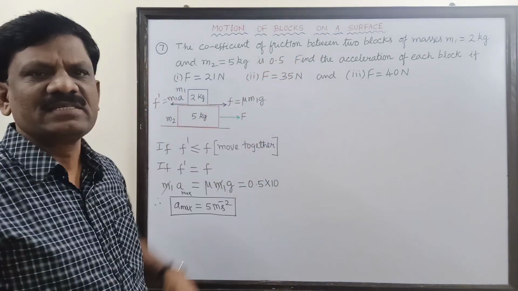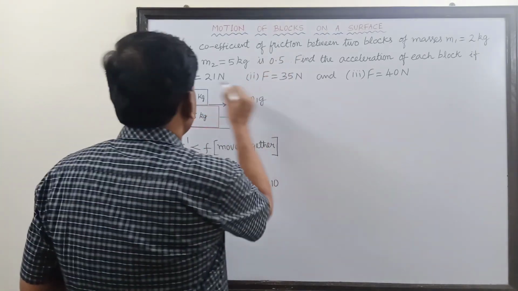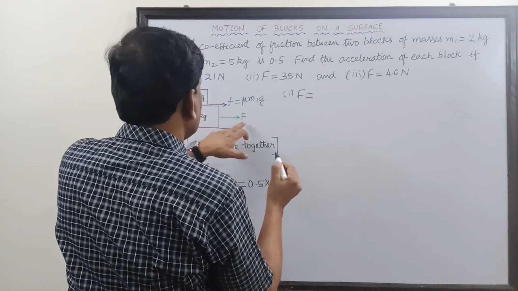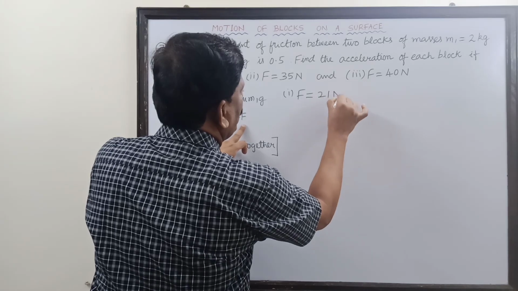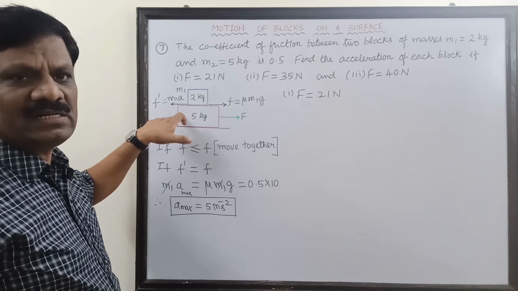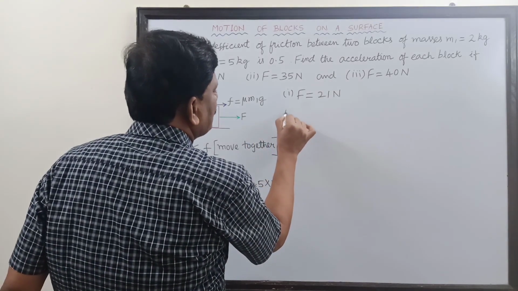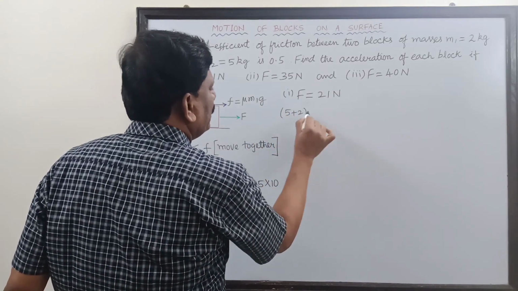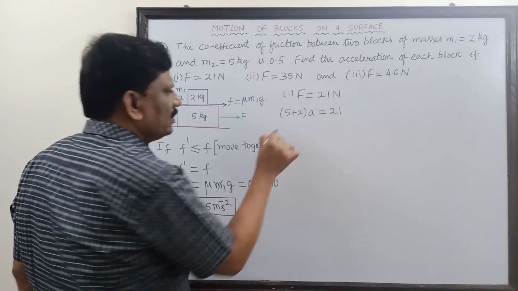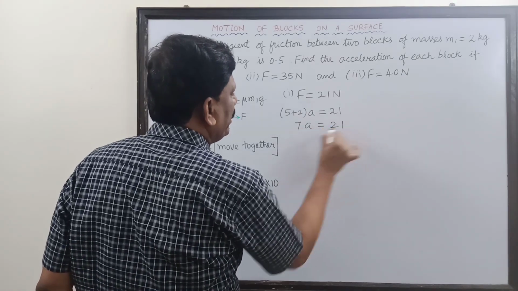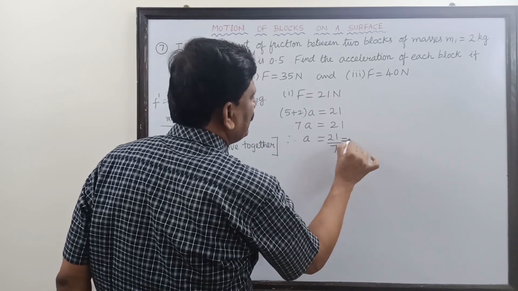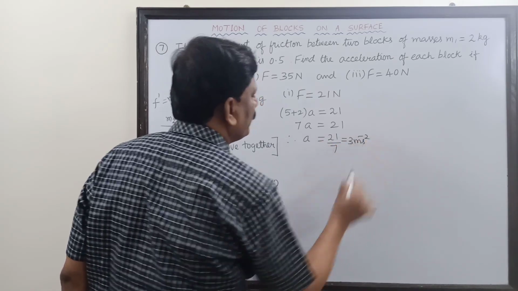So this is the maximum acceleration. Now we are going to deal with the three cases. Case 1: the applied force is equal to 21 Newton. The total mass is 5 plus 2, that is 7 kg. So (5 plus 2) into acceleration A is equal to 21 Newton. So 7A is equal to 21. Therefore, A is equal to 21 divided by 7, that is equal to 3 meter per second square.